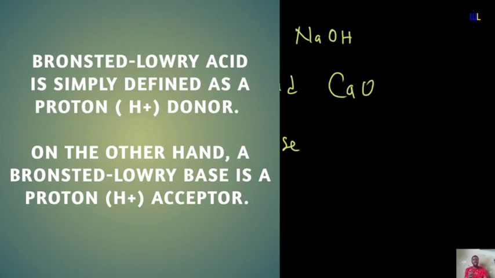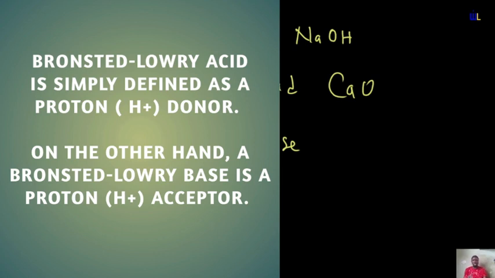A Bronsted-Lowry acid is simply defined as a proton (hydrogen ion) donor, which means any substance that has the ability to give, not necessarily to ionize, but to give hydrogen ion, is automatically a Bronsted-Lowry acid.